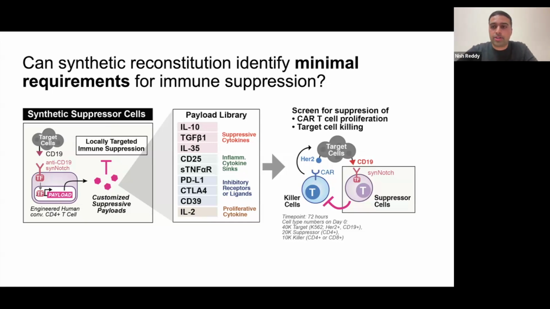And so we created these 3-cell co-culture assays where we had a target cell that expressed 2 antigens, HER2 and CD19, where our suppressor cells recognized CD19 on these target cells. And a second cell type, CAR T cell, which is modeling a cytotoxic T cell response, recognizes HER2 on these target cells.